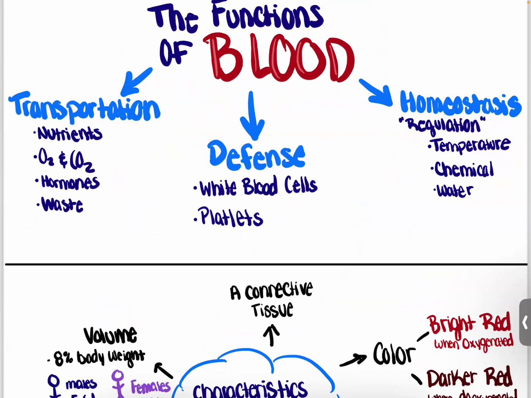For defense, white blood cells are a big component of this. White blood cells handle bacteria and any sort of foreign material that they can defend the body against. And defense can also be considered platelets.